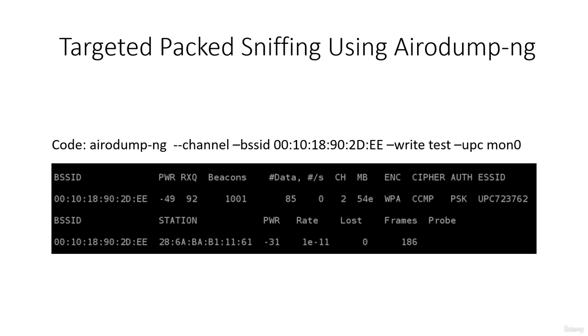We are going to use the same program. First you have to use the command airodump-ng, and then we are going to specify the channel, then specify the BSSID, which is the MAC address of the target network, and then the write option. The write option tells airodump-ng to dump the packets in a log, and all the packets will be captured in this file.